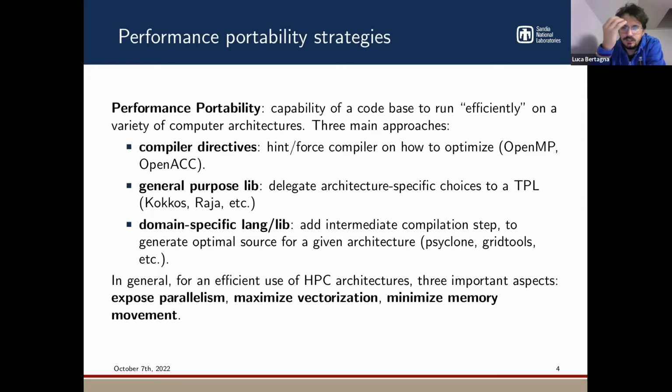So a key expression here is performance portability, and by that we mean being able for a code base to run efficiently on a variety of computer architectures, where efficiently can mean different things. Generally speaking, one can think of achieving good performance as reaching a certain threshold of the maximum achievable flops or memory bandwidth on the given machine.